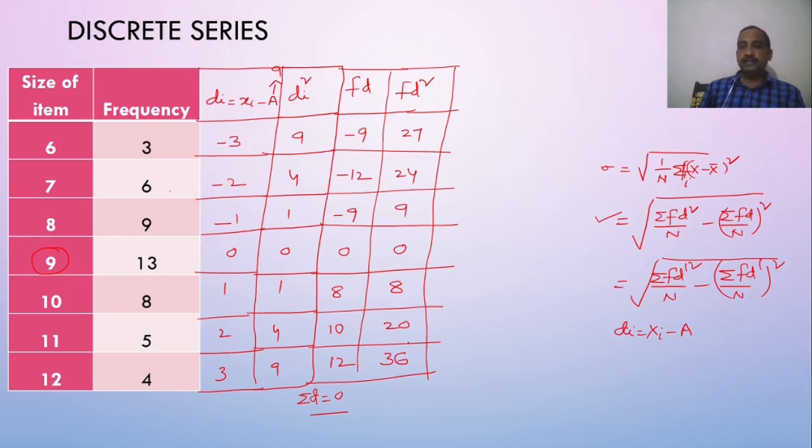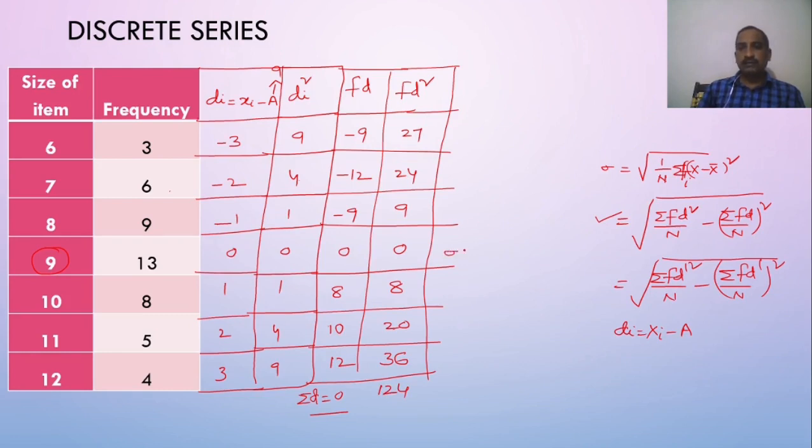This total is nothing but 56, 64, 73, 77, 97, 104, 124, right? 124.